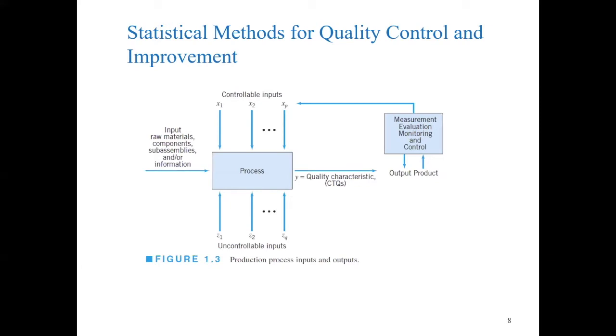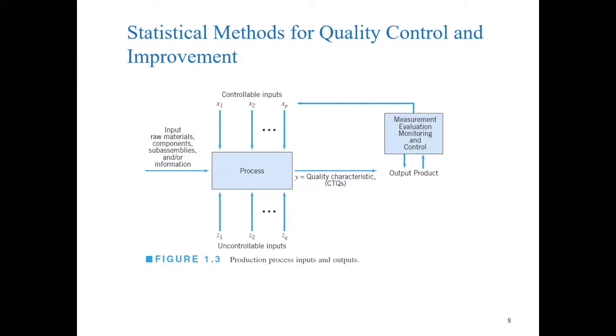And once the production process is over, we get some sort of quality characteristic. And this quality characteristic is some numerical value or some description of the product that gives us a sign of the quality of the product.